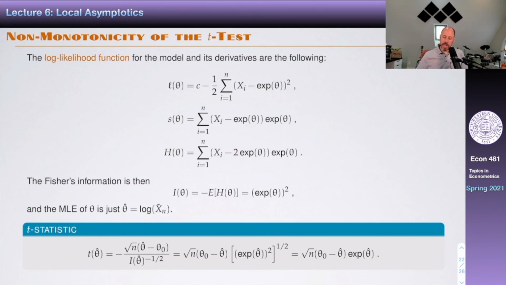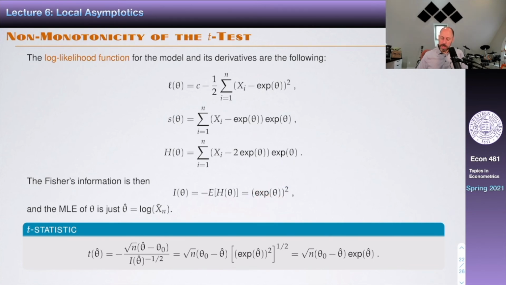The Fisher information is the negative of the expected value of the Hessian. Remember, the expected value of x is e to the theta. So you have e to the theta minus 2 e to the theta, which is negative e to the theta. Since you have a negative here, they cancel out. This is e to the theta squared.